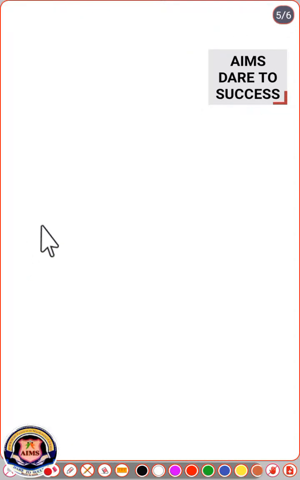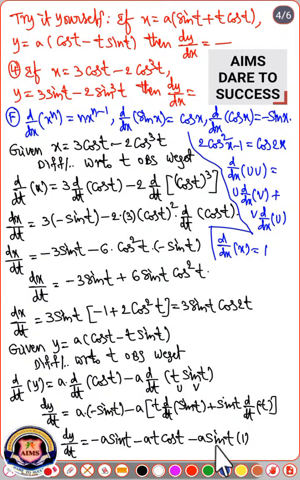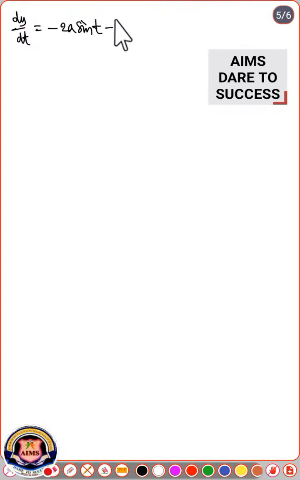So now I am taking one more page. dy by dt is equal to minus a sin t minus a sin t, which is minus 2a sin t. After that, minus a t cos t.